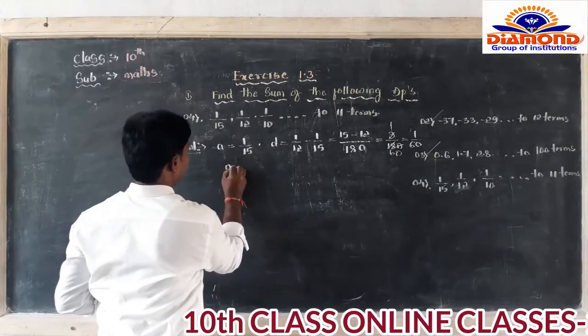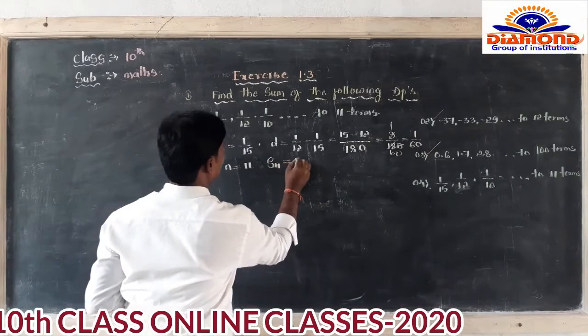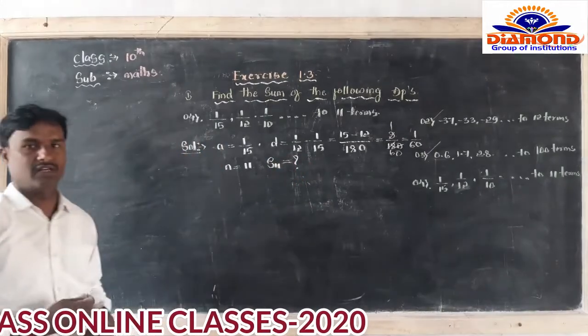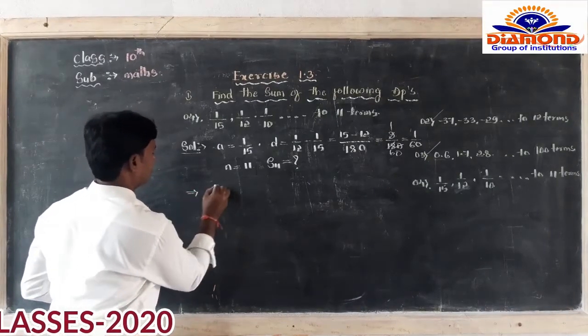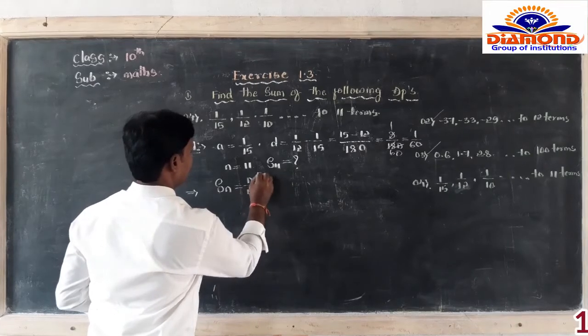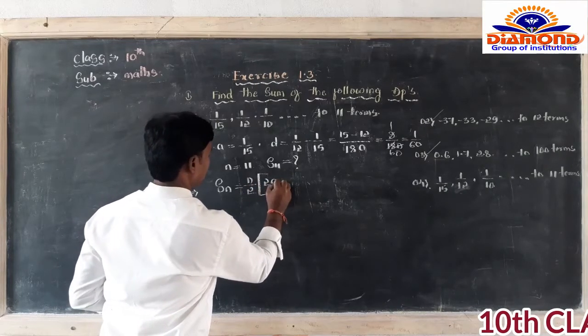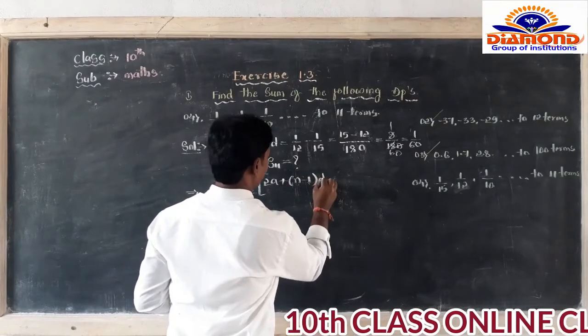Now n is equal to how much is there? 11 is there. Sum of the 11 terms is equal to question mark. Now dear students, here Sn is equal to n upon 2 in the bracket 2a and plus in the bracket n minus 1 bracket close and d.